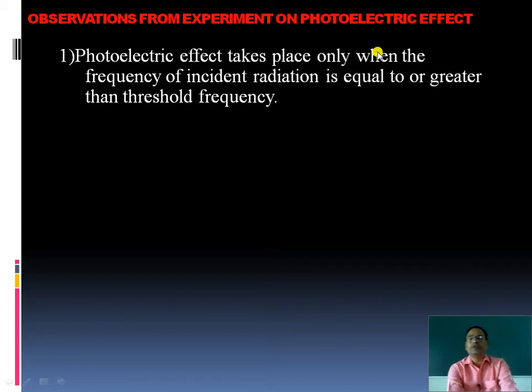In short, the photoelectric effect is possible only if the frequency of incident radiation is equal to or greater than the threshold frequency.